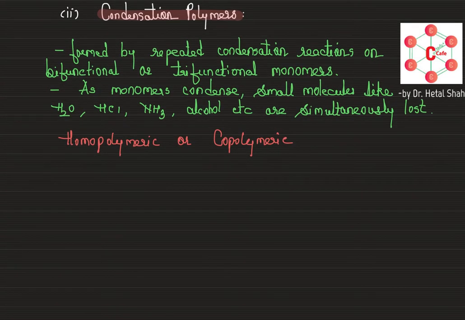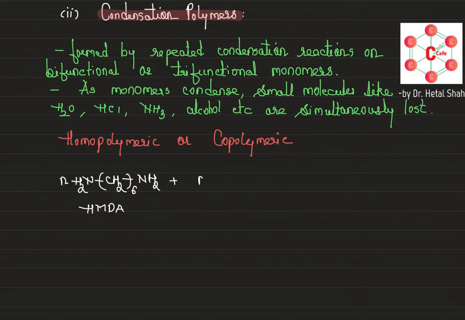An example of a copolymer, condensation copolymer, I've already given you. For example, when you take up your hexamethylene diamine, it's like hexamethylene, 6 times methylene, diamine. This is called HMTA.